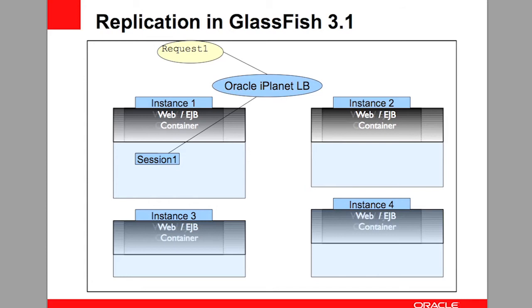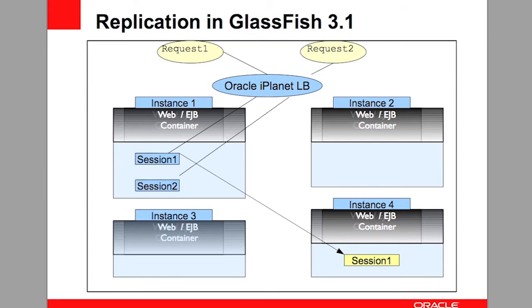Then session 1 created in instance 1 could be replicated by the replication module to instance 4. Similarly, a request from user 2 could arrive at the load balancer, and if it happens to be routed to instance 1 again, the replication module will replicate the data to instance 2.